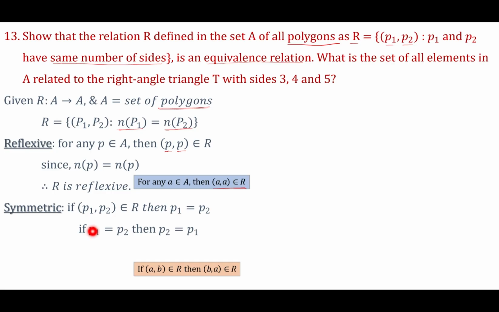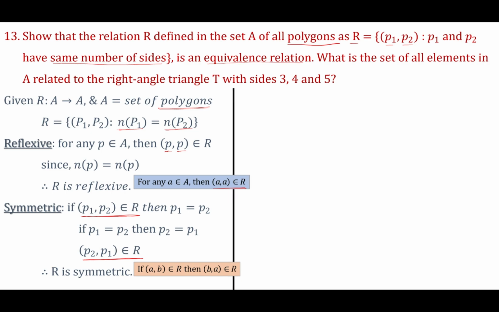If the number of sides of P1 equals that of P2, which means the number of sides of P2 equals that of P1. Therefore, (P2, P1) belongs to R. If (P1, P2) belongs to R, then (P2, P1) belongs to R. That means the given relation is symmetric.